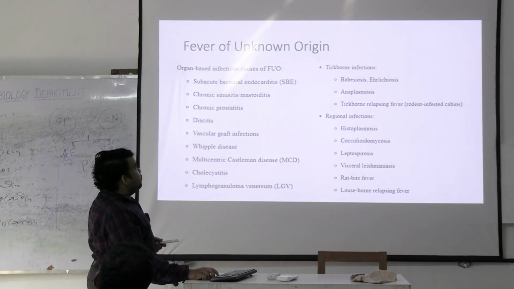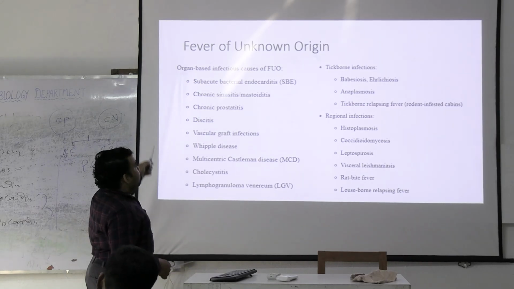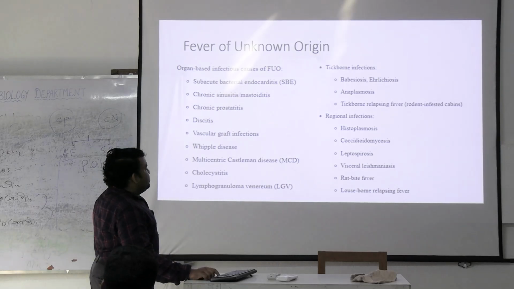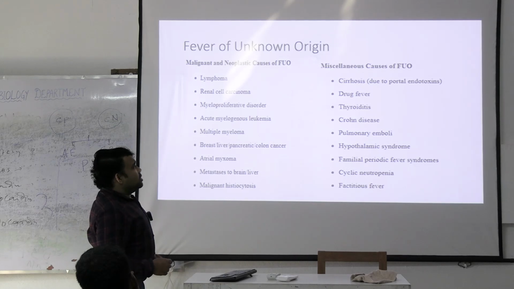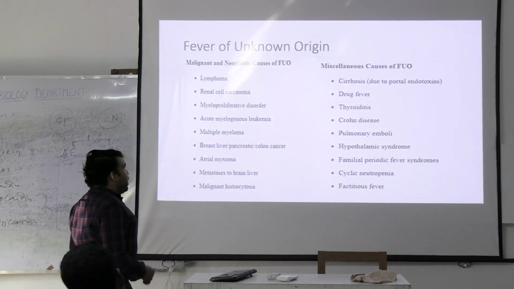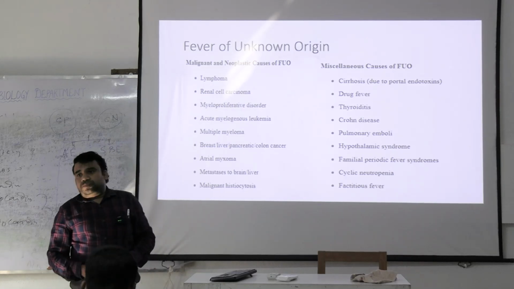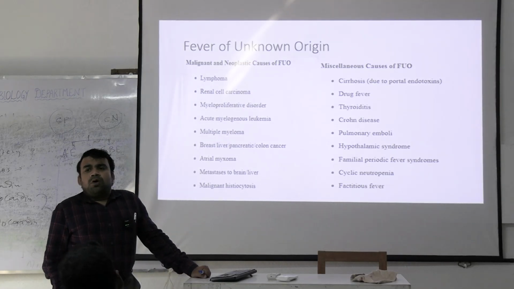That is the importance of FUO. We can proceed either on an organ-wise basis, look for the specific infective causes, and last but not least, we also have to look at the malignant and neoplastic causes. They can also present as a prolonged fever.